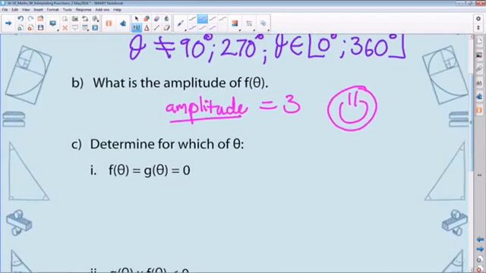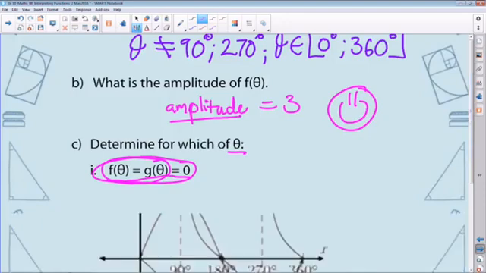Now the next question says, determine for which values of theta f of theta equals g of theta, which is equal to 0. Now there are two different parts to this. It's asking where these are both equal, but also where they are equal to 0 at the same time. So if we go back to our graph, let's see if we've got another one over here.